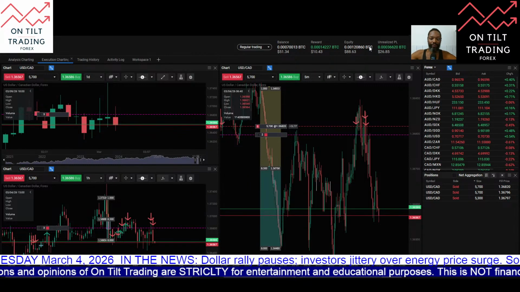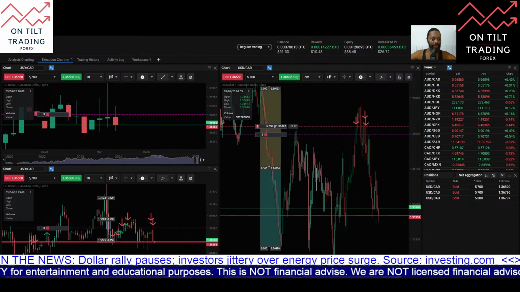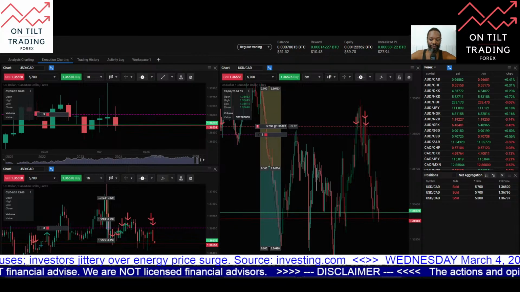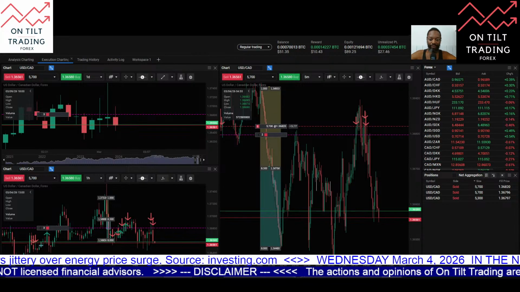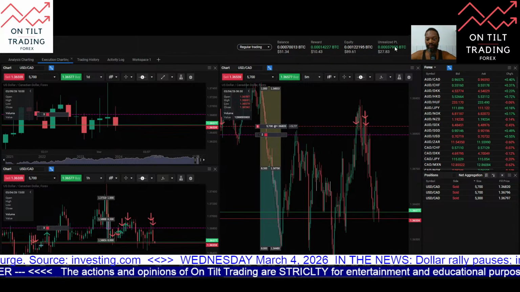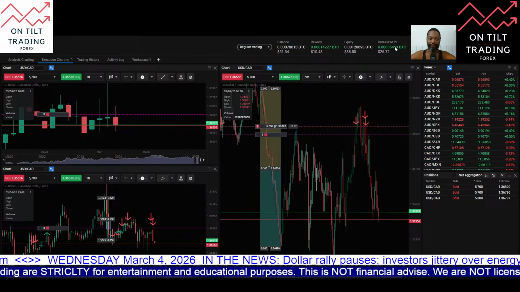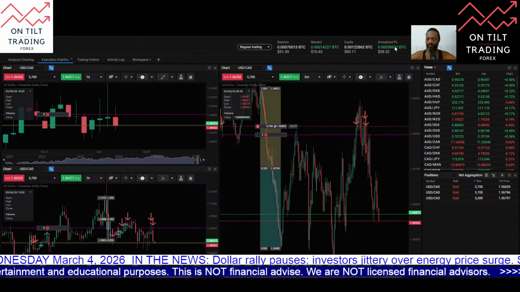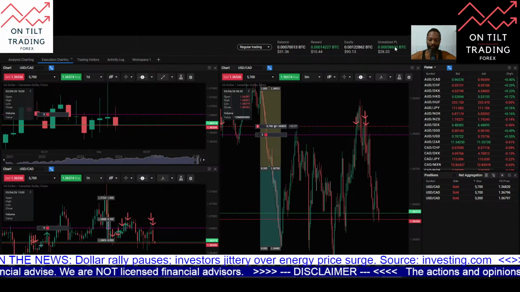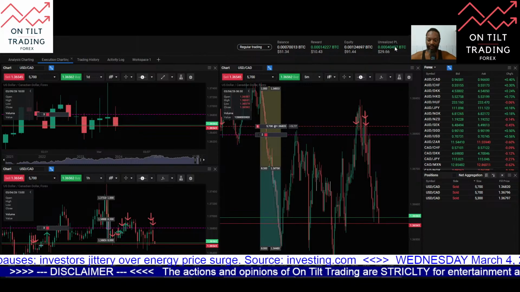I have some orders out for some other positions, but they have yet to reach any take profit levels, so still waiting for any potential entries into those, but for now just standing by for any potential take profits in dollar CAD here. And seeing some sell side delivery here.